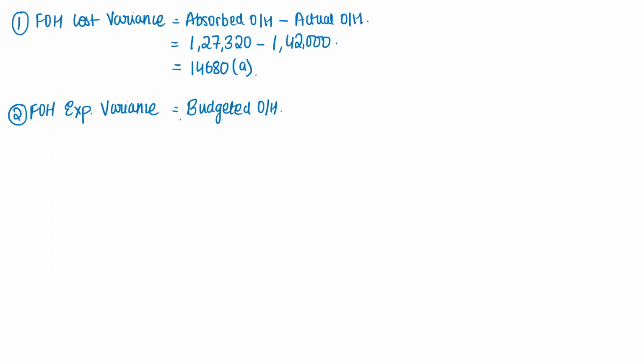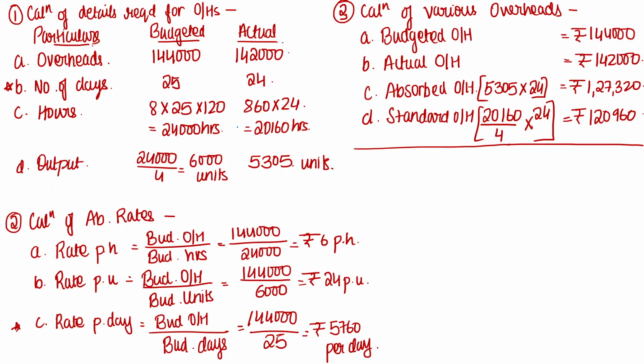You were planning to spend how much? 1,44,000. How much expenditure you actually did? Actual overheads, 1,42,000. That is equal to favorable. So what you thought? You have done lesser expenditure than that, right?